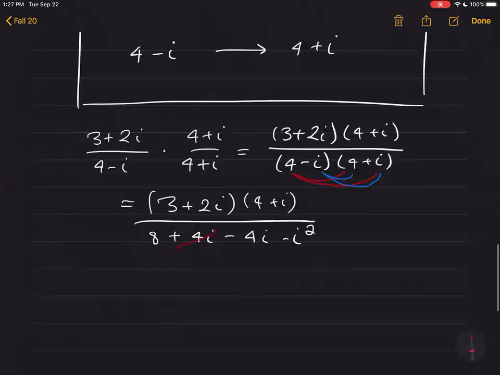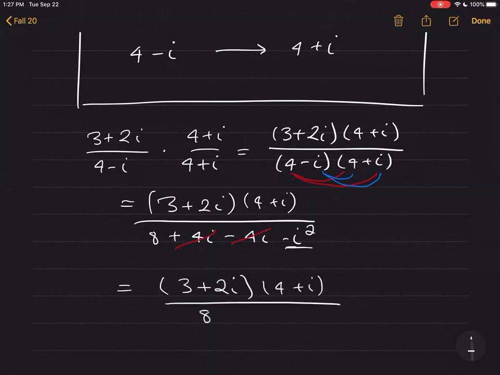These 4i's cancel out. And according to our rule here, this minus i squared becomes, you guessed it, positive 1. So if we know that i squared equals -1, negative i squared equals positive 1. So this is 16 plus 1.